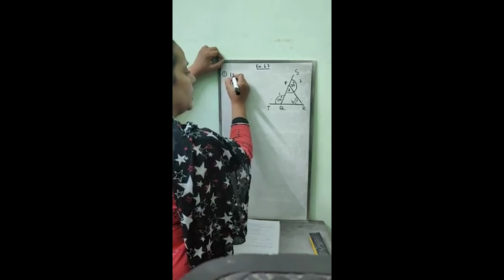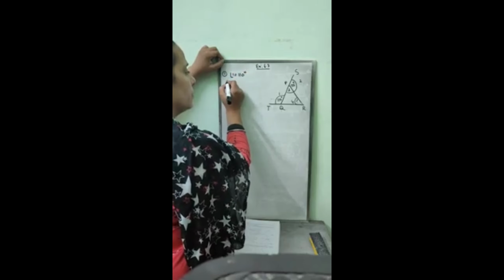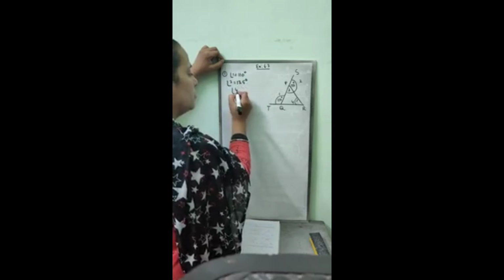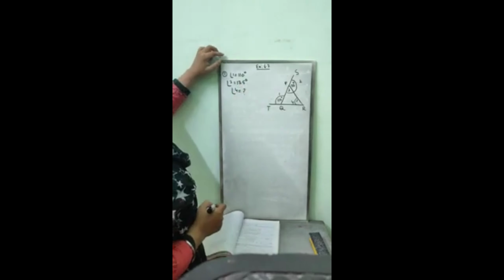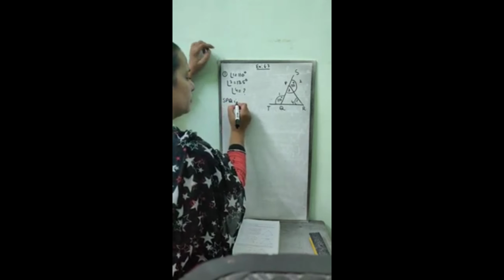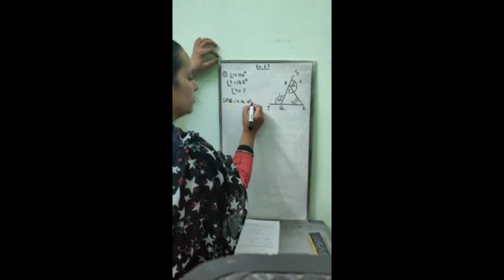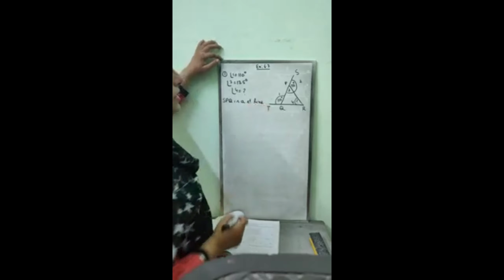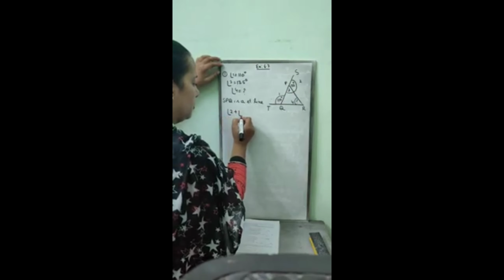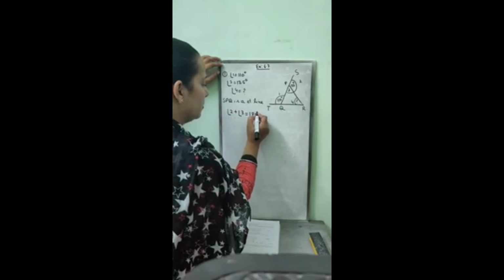SPQ, angle 1 is 110, angle 2 is 135. What you will do, you will find angle 4. SPQ is a straight line. If this is a straight line, it means 2 plus 3 is 180.